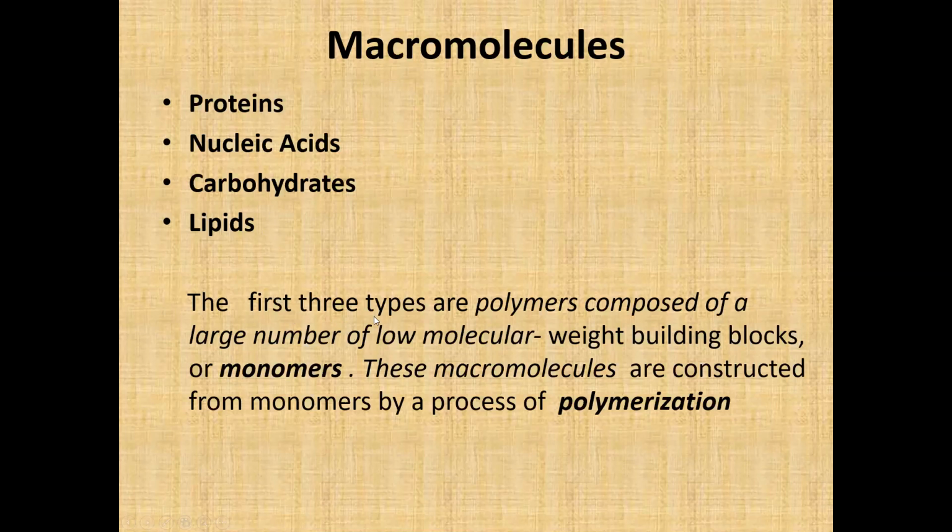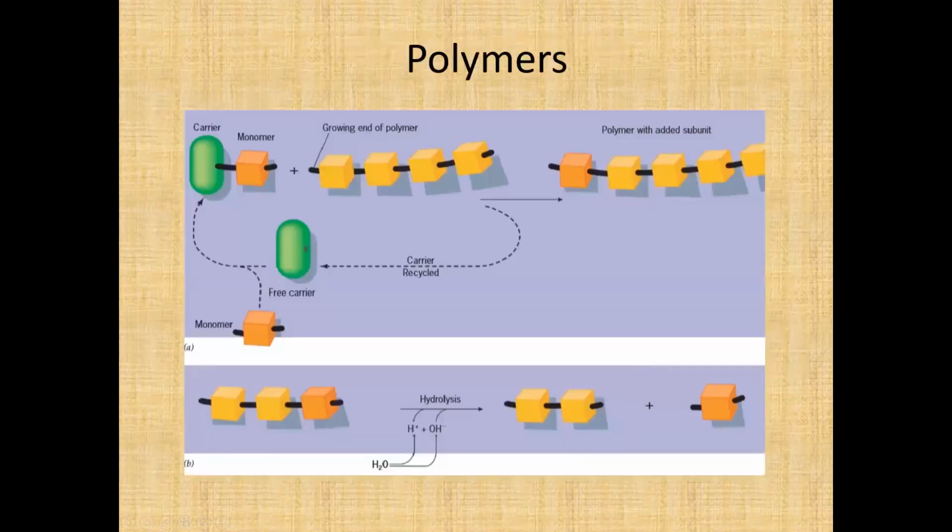Please take into account that the first three types, proteins, nucleic acids, and carbohydrates, are polymers composed of a large number of low molecular weight building blocks or monomers, and with the help of a process that we call polymerization reaction, these monomers attach to each other to finally build up polymers as macromolecules.